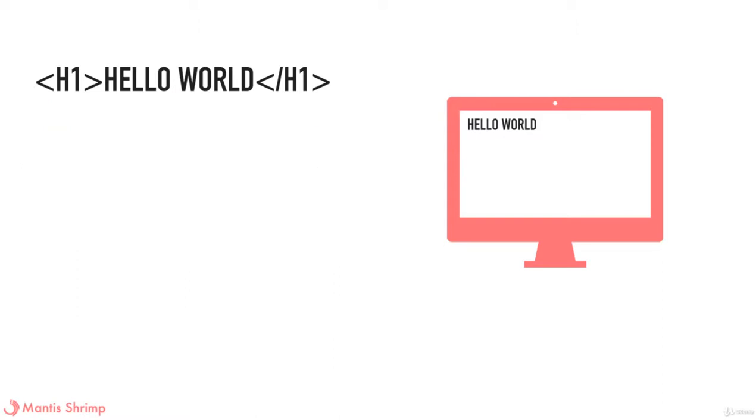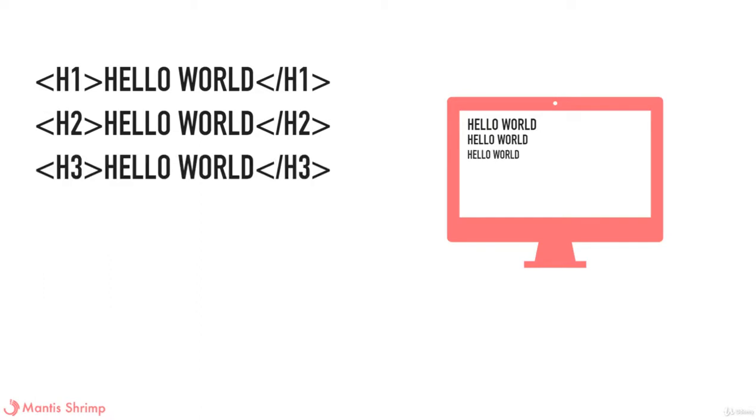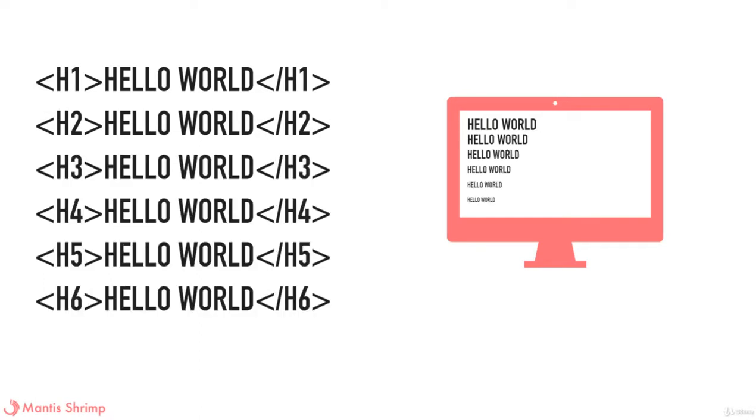So heading 1 is the largest of the headings in HTML, but we can have heading 2, 3 down to heading 6. And as you can see, that is rendering the headings in a smaller and smaller size as we increment down to H6.